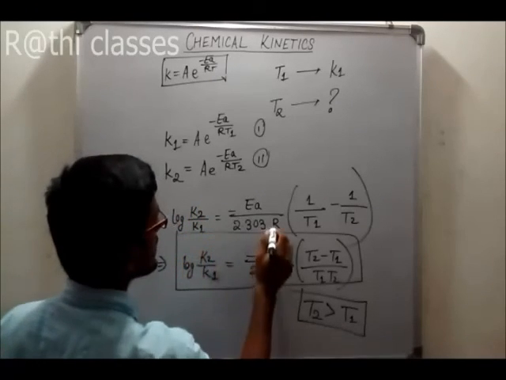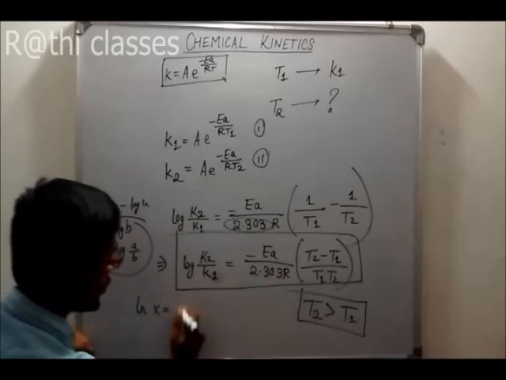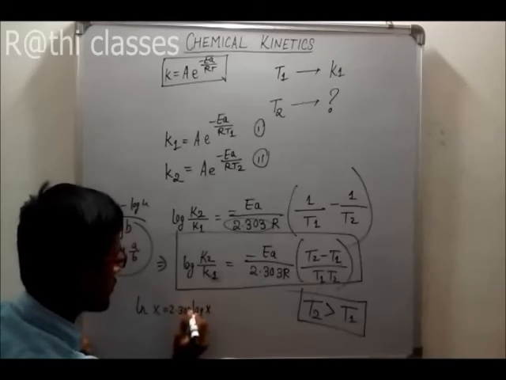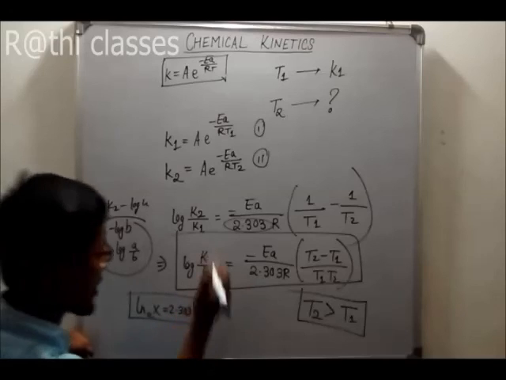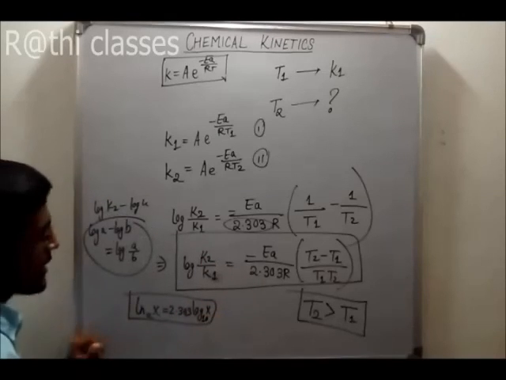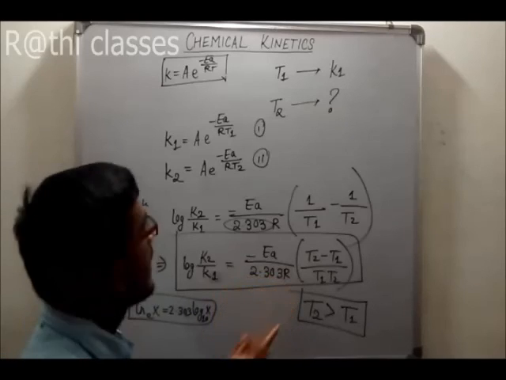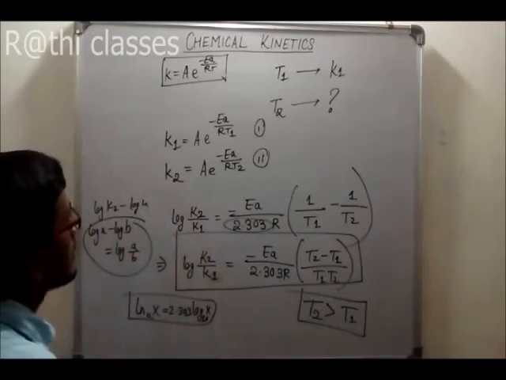We got a 2.303 here because for converting log to the base e into log to the base 10, we need to multiply by 2.303. Log x to the base e is equal to 2.303 log x to the base 10, right? The rest of the expression gets easier when we subtract it, right?